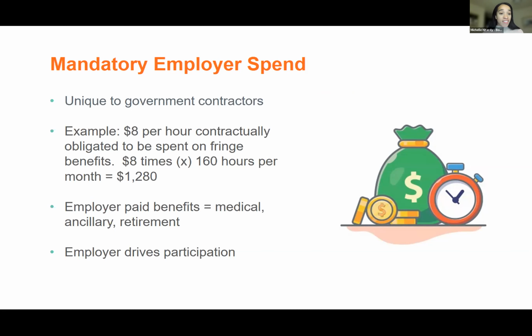Well, then you have $1,280 a month to spend on benefits for them. And you can put this into a major medical plan, dental, vision, life insurance, and you can put the rest in retirement as well. And again, it's up to the employer if they want to offer these benefits. Next slide.